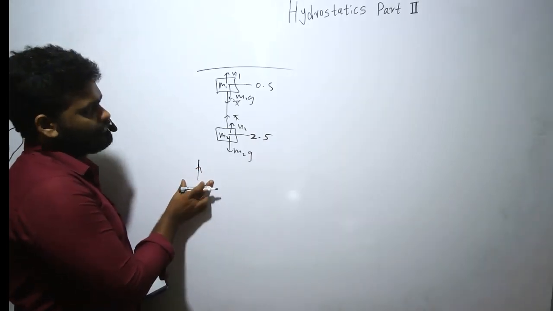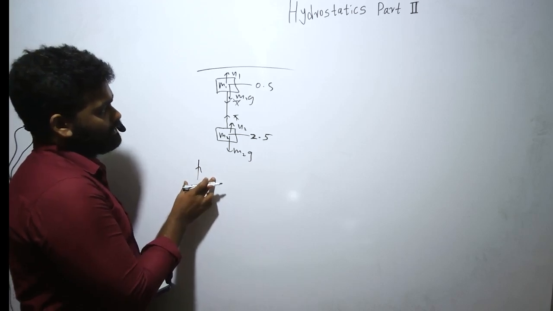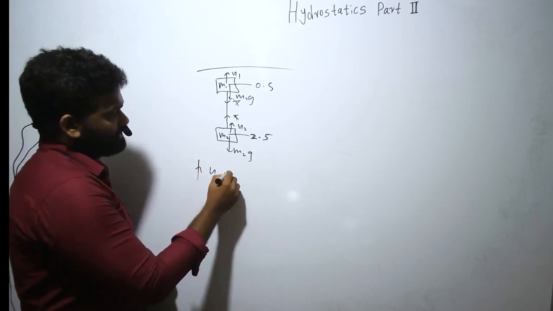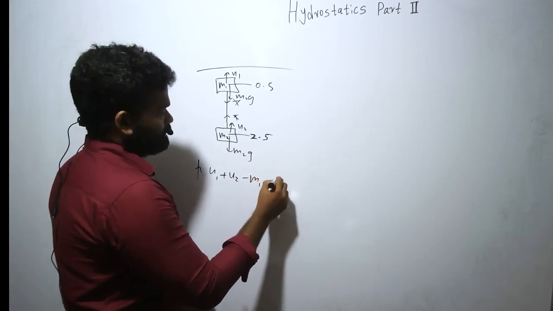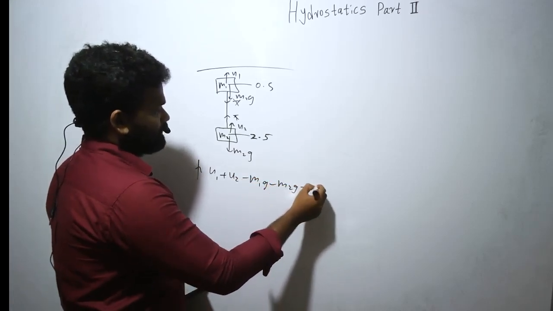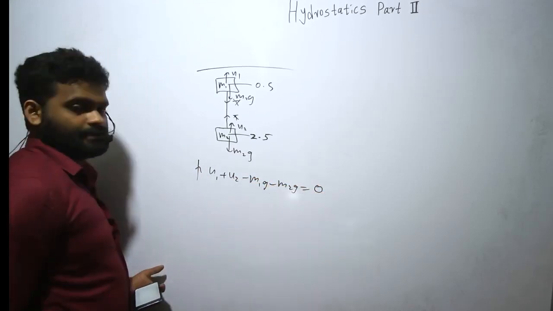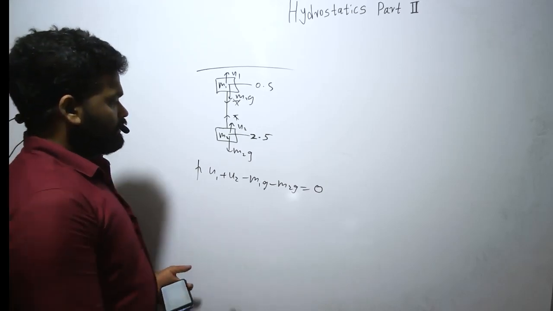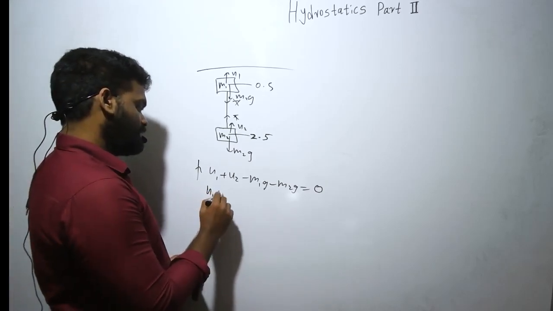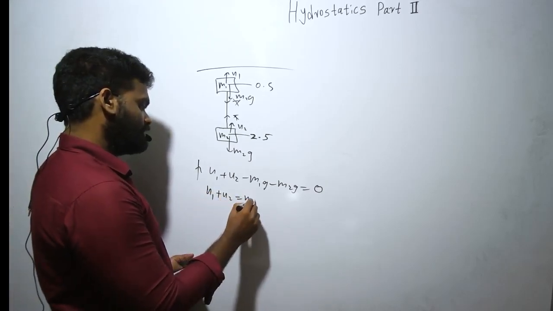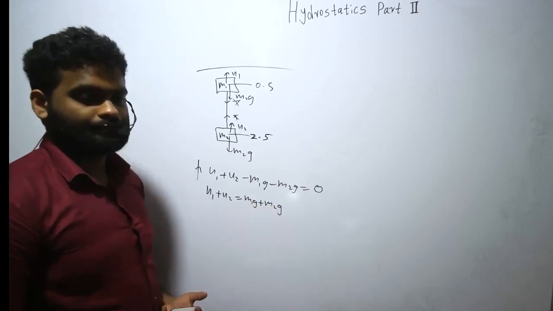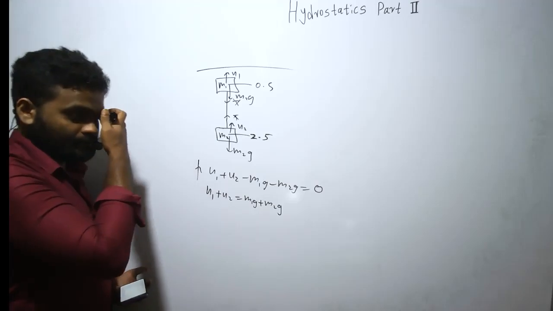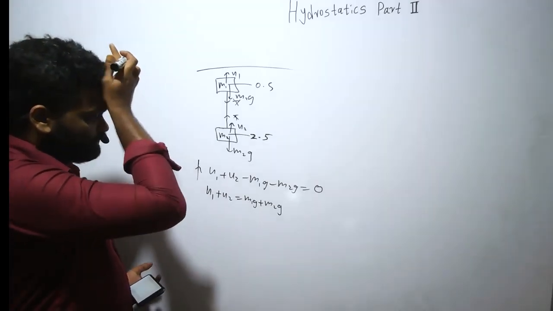So for the equilibrium, if you write the equations, upward it is U1 plus U2, downwards it is M1G plus M2G. The whole thing is equal to 0. So you can say U1 plus U2 equals M1G plus M2G. So U1, how do you write U1?